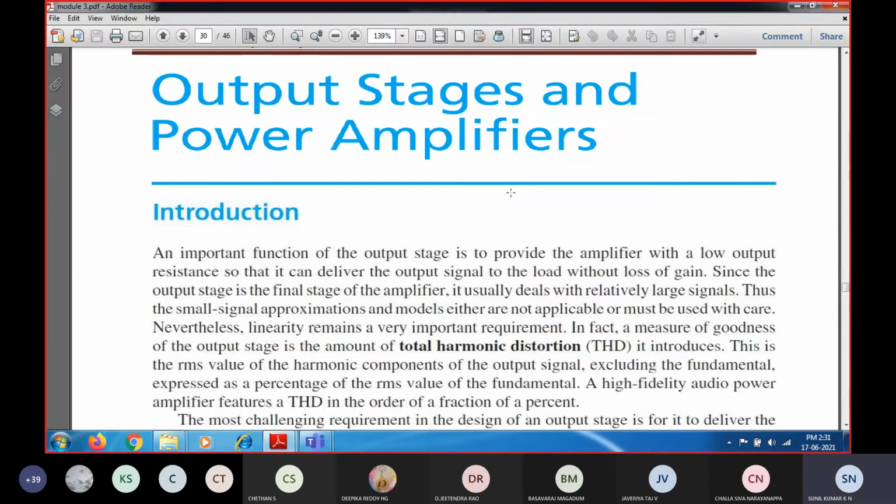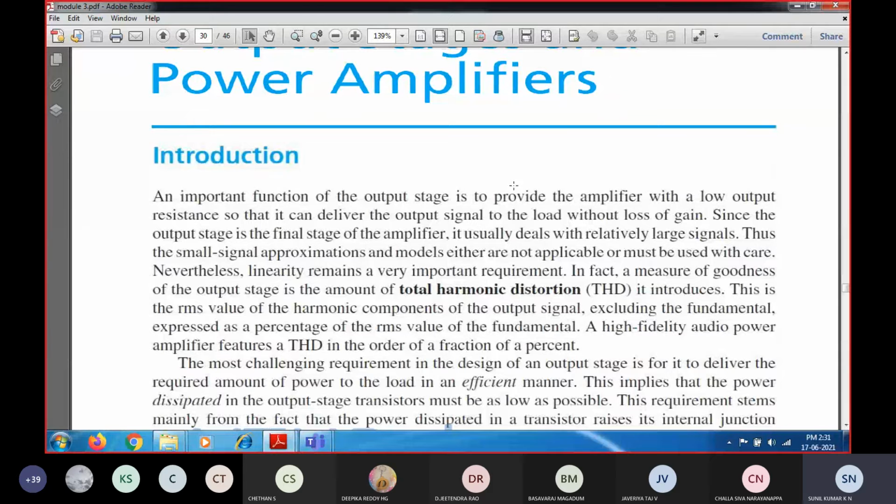Here in this chapter, we are going to study that type of power amplifier itself. Even though in these circuits you are going to see the same type of transistors, you have to assume that it is not just a transistor; it is a power amplifier.